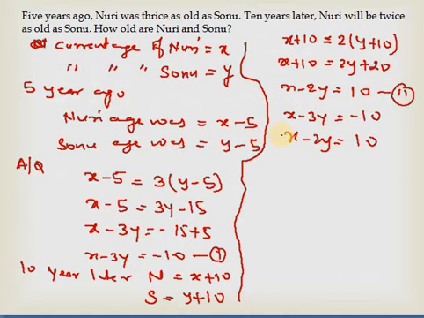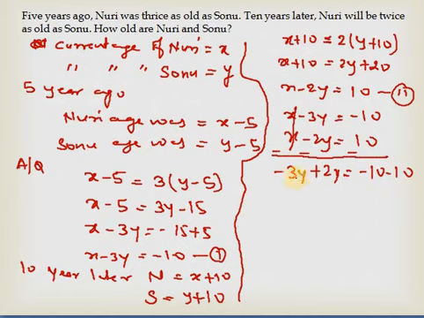So how can we get the value? Can we directly subtract? Why? Because x and x get cancelled. This is 3y, and minus and minus becomes 2y, and minus 10 minus 10. So what's the answer? Minus y is equals to minus 20, and y is equals to 20.